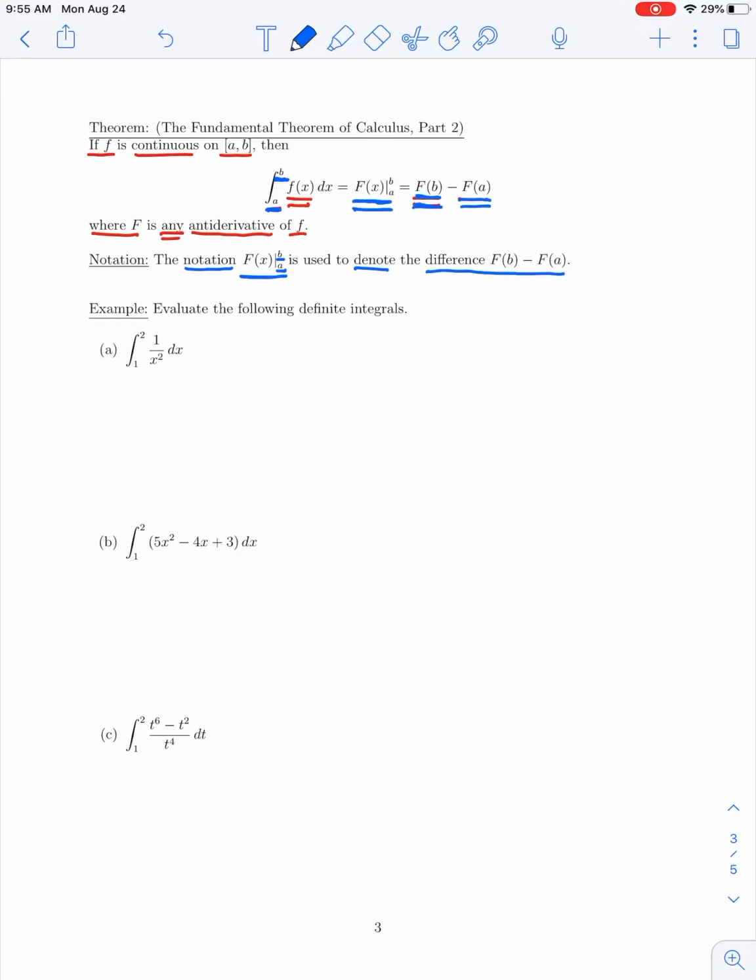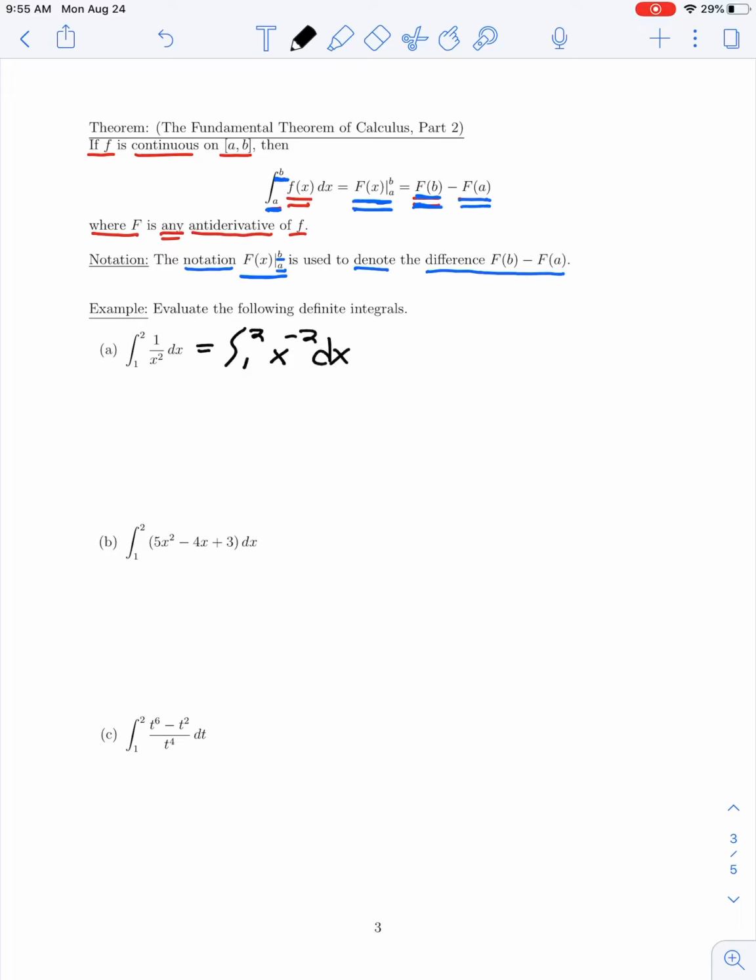So here we're told to evaluate the given definite integral. And in part A, we have the integral from 1 to 2 of 1 over x squared dx. Now recall that 1 over x squared can be rewritten as x to the negative 2 power.